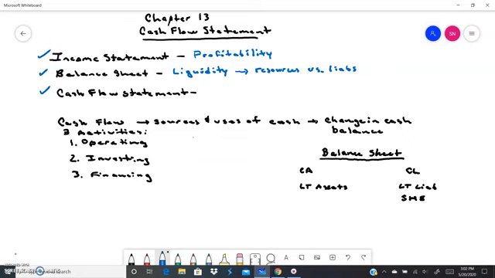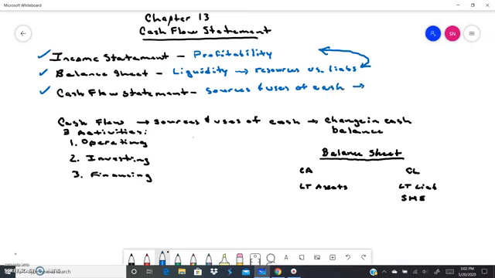Now, the question is, okay, I was profitable, but I have no liquidity. So what happened in between that? How did I get from here to here? And the way we're going to understand that is through use of the cash flow statement. The cash flow statement is going to tell us what were the sources and the uses of cash throughout that period of time.